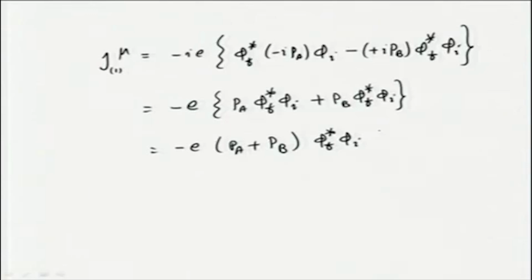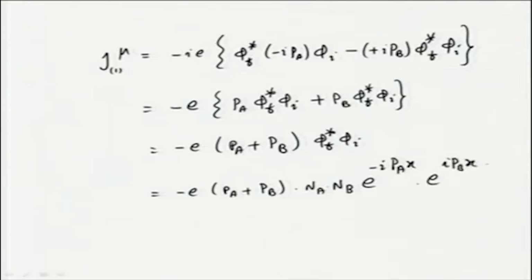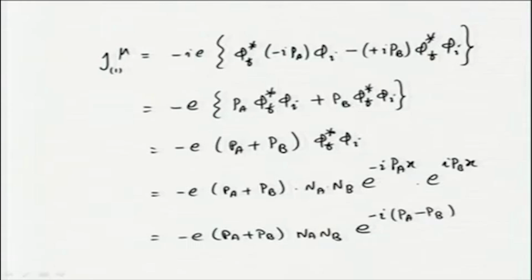Now, this is equal to minus e (p_a plus p_b) N_A N_B e to the power minus i p_a x e to the power plus i p_b x, or I can write it as minus e (p_a plus p_b) N_A N_B e to the power minus i (p_a minus p_b) x.